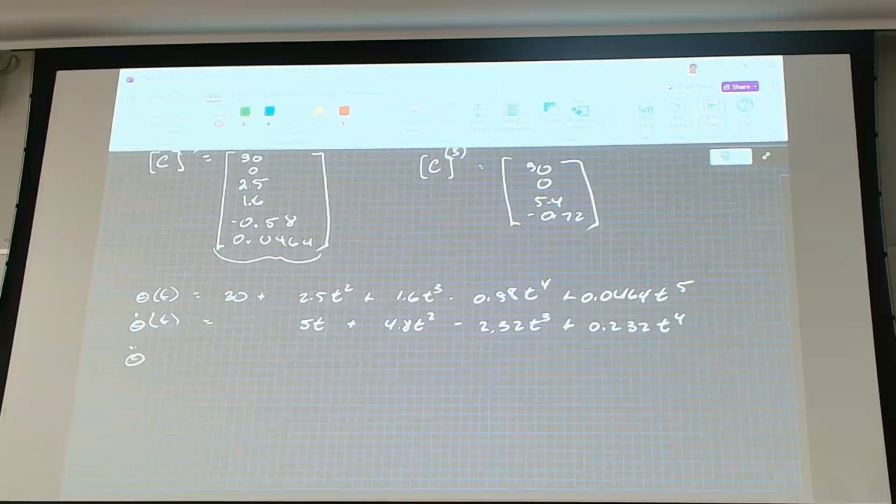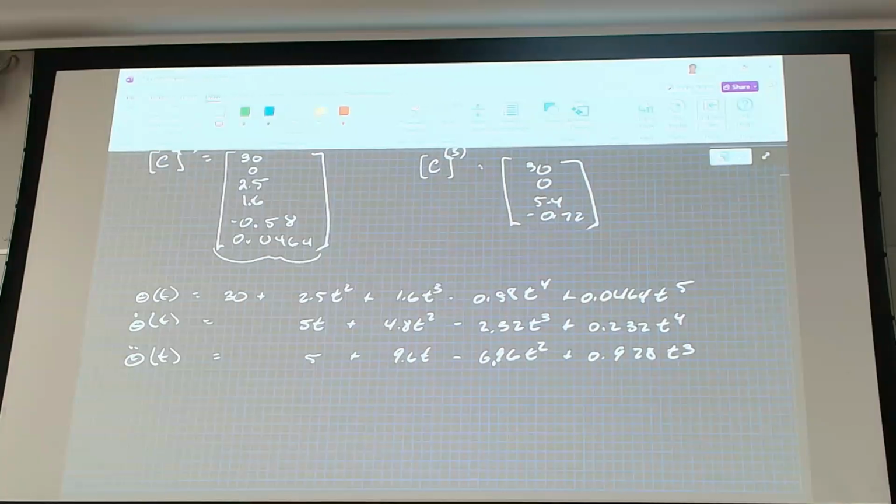And my acceleration at any point in time is going to be 5, so we're just taking the derivative. It's nothing major. 9.6t. Again, we're just writing the equations of motion. We write them all day long. So we're going to get 6.96 t squared, and this becomes 0.928 t cubed.